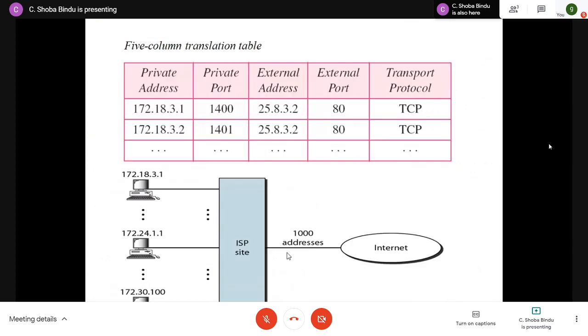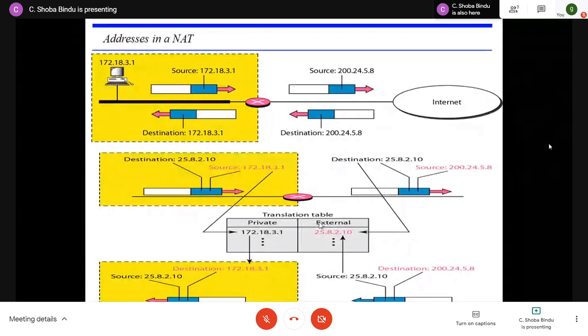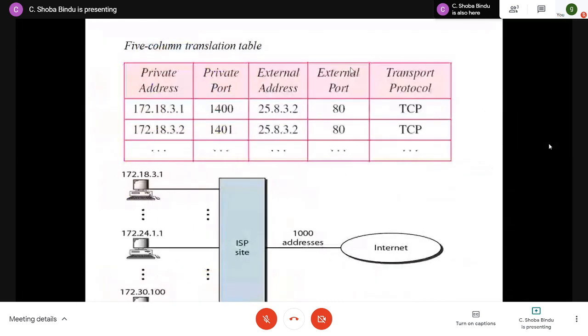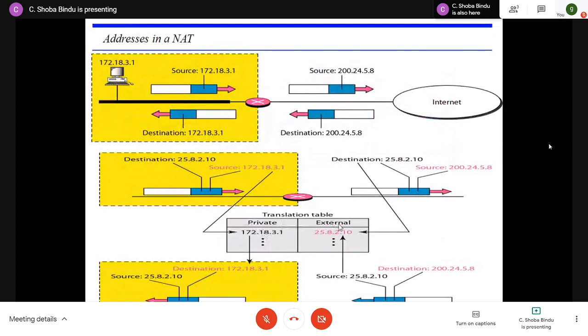Here we have shown only two attributes in this translation table, but apart from these two, we can have other attributes also. Here, this is the private address and this is the external address.